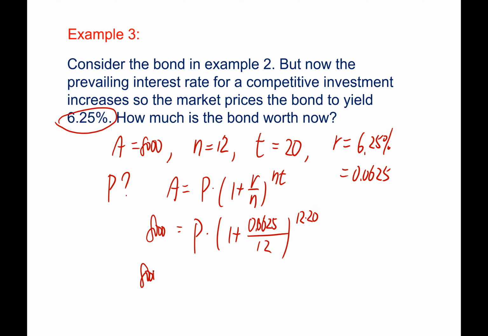So it turns out to be 8,000 equals principal times 1 plus 0.0625 over 12. Again, keep as is. Do not divide the decimal number by 12, so you lose some accuracy there. And from there, just divide both sides of the equation by the exponent one more time.